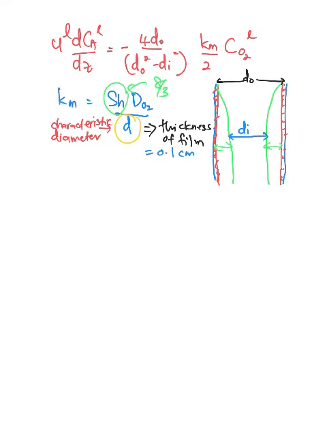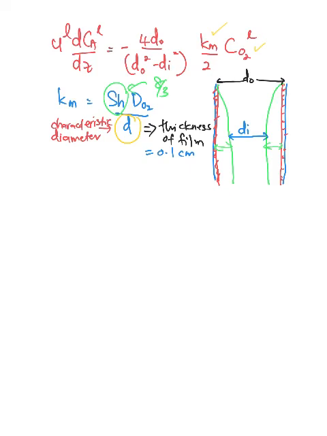Then we can rearrange the equation. So CO2 in the liquid phase, Km, and the value of the diameter. We just rearrange the equation because we want to calculate the length of the reactor. The length of the reactor refers to the integration of the position where the reaction occurs, dz.